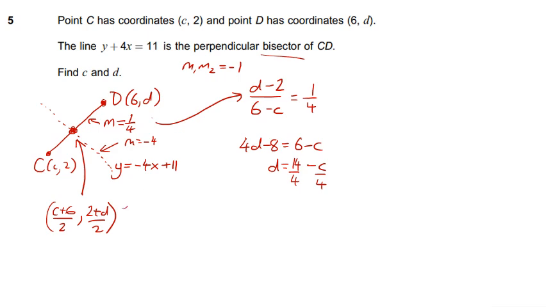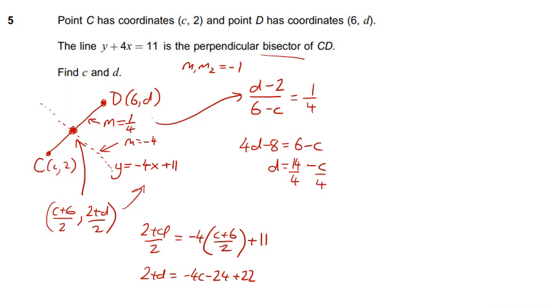So if we substitute that into the equation there, we get (2 plus d) over 2 is equal to minus 4 times (c plus 6) over 2 plus 11. So multiply through by 2, we get 2 plus d equals minus 4c minus 24 plus 22.